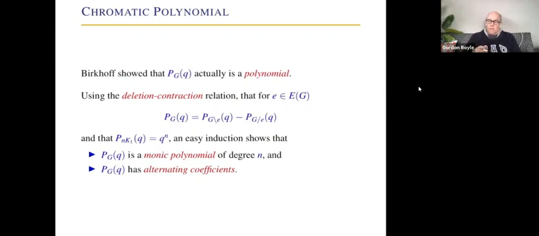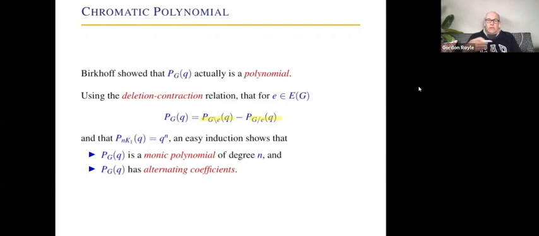In practice, almost the only way we can calculate the chromatic polynomial for a general graph is by using the deletion contraction relation. This expresses the chromatic polynomial of G as a difference of the chromatic polynomials of two smaller graphs, the graph with an edge E removed and the graph with the edge E contracted.